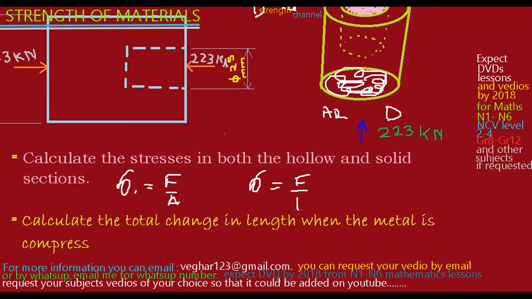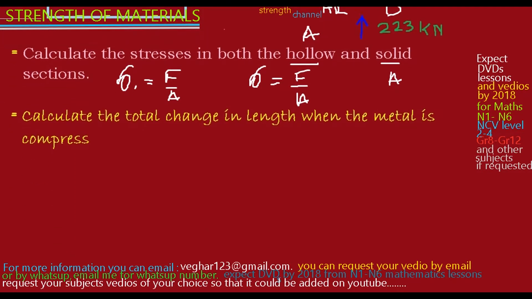So you'll calculate the area for the hollow and the area for the solid. Normally, when we talk about the solid, that means it's the diameter without anything, so it's only an equation with one diameter, not the other diameter. For the other one you have a hollow.